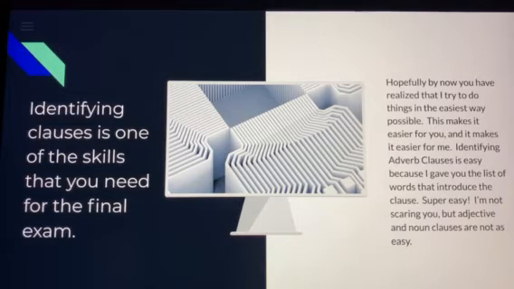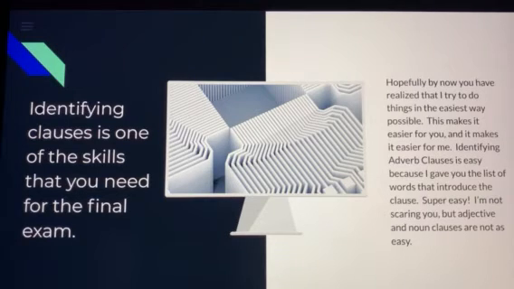So identifying adverb clauses is one of the skills you need. And we are starting with adverb clauses because they are the easiest ones, as you just saw on the other page of examples. They're the easiest ones because they all start with a subordinating conjunction. These words, you know what these words are. You're going to become more familiar with them as you use them.